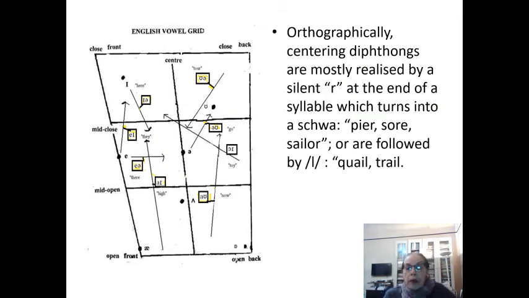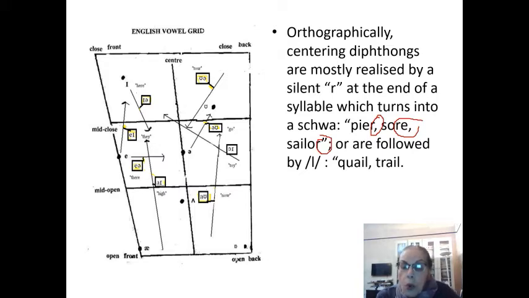Now orthographically, centering diphthongs are mostly realized by a silent R at the end of a syllable, which turns into a schwa, like pier. It is written with an R but pronounced as a schwa. Similarly, sierra. It is written as an R but it's pronounced as a schwa.